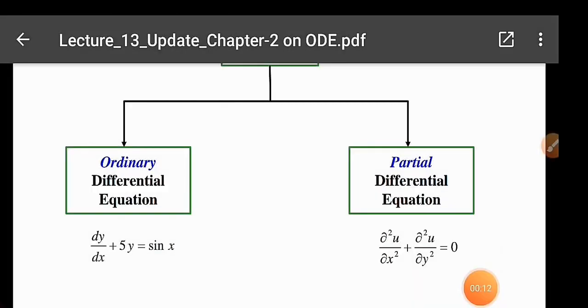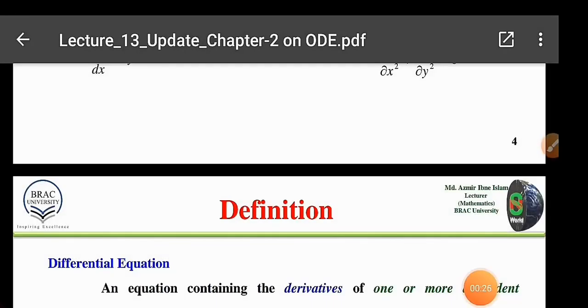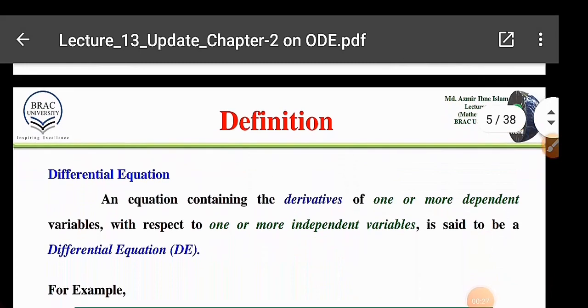You can see ordinary differential equation involves d/dx, whereas partial differential equation involves ∂/∂x, ∂/∂y. Now let's have a look at the definition of differential equation. A differential equation is an equation that involves a differential operator d/dx, ∂/∂x or maybe ∂/∂y.